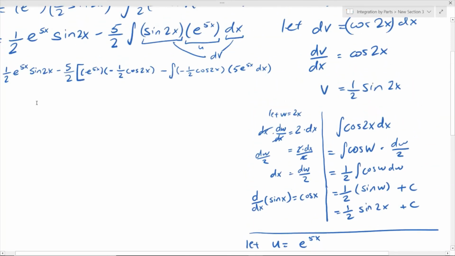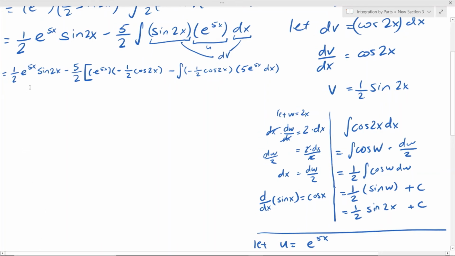So now what we're going to do is we are going to write in the square bracket to show that we have finished this part, right? This is the integral of this. So now we are going to simplify, so it's going to be half times e to the exponent of 5x times sine 2x minus, oh, and we can also use a distributive property, but actually before that, let's simplify the other stuff first.